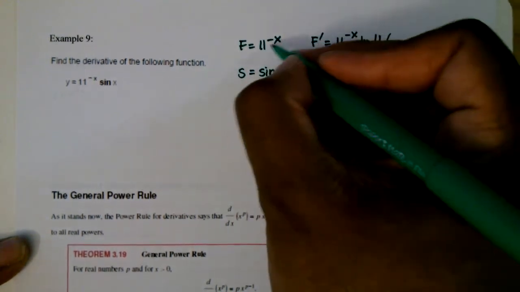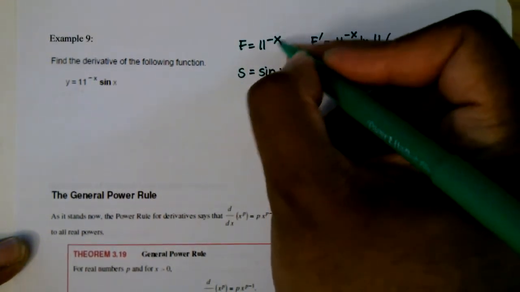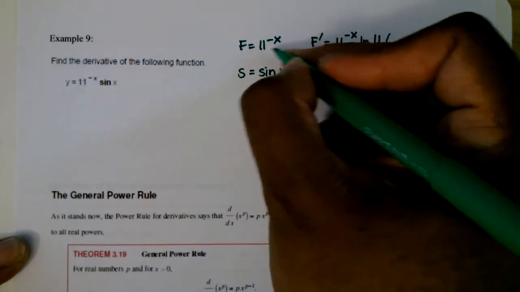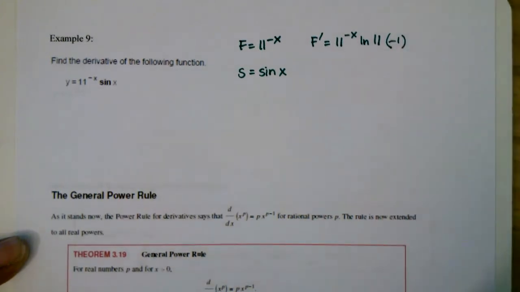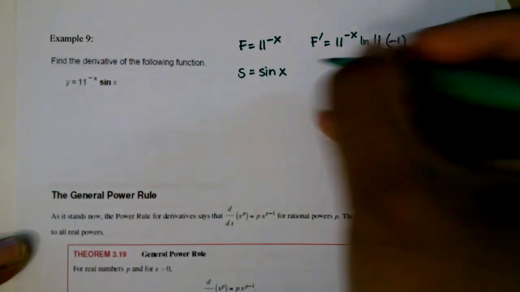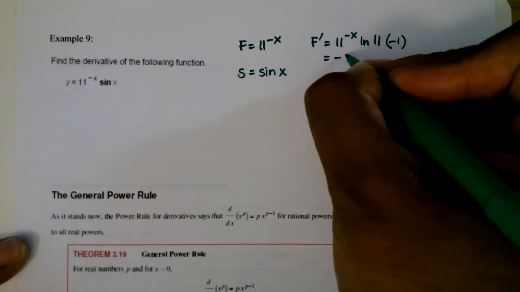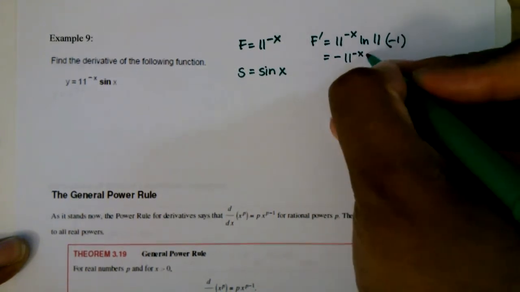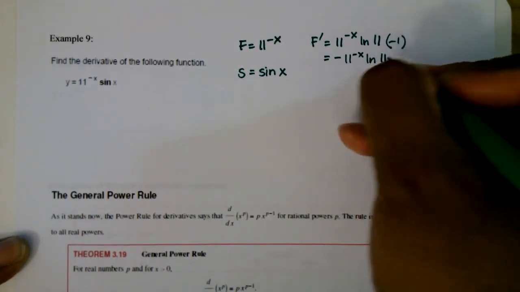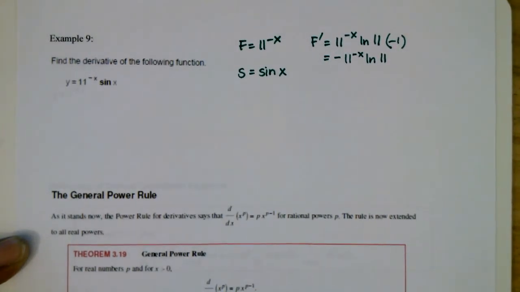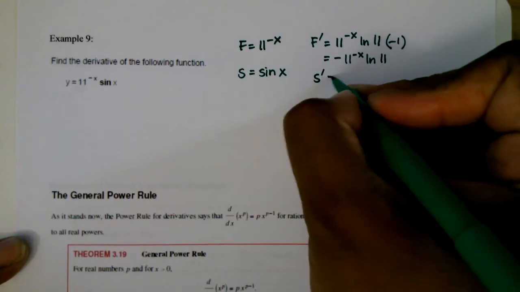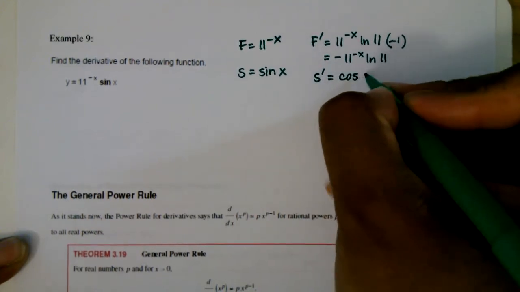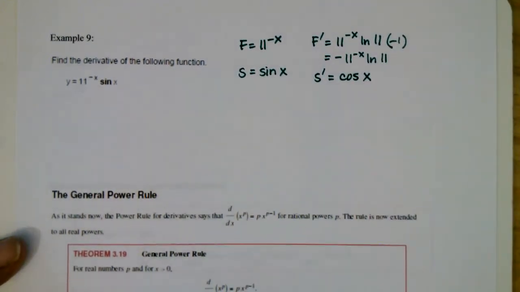But then I'm going to take the derivative of negative x. Don't want to leave that out. The derivative of negative x is going to be negative 1. So that means I will have negative 11 to the negative x times the natural log of 11. And then the second is the sine of x, so the derivative of the sine would be the cosine of x. It's the derivative of the second.